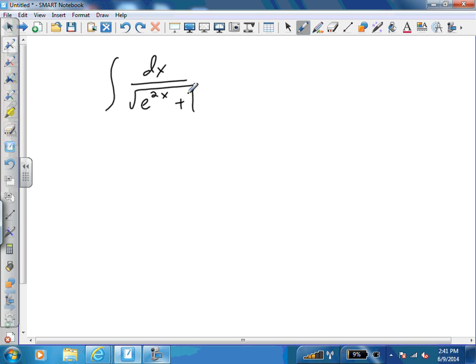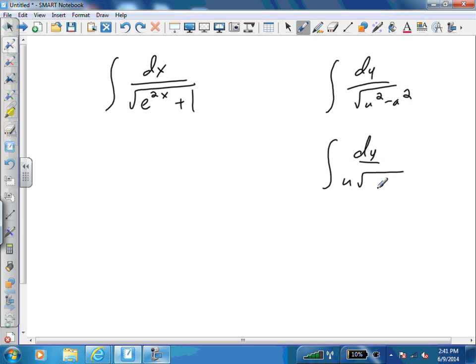Now this kind of resembles du over the square root of u squared minus a squared. It kind of resembles u over the square root, and I have these backwards.